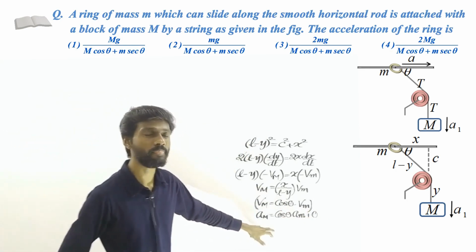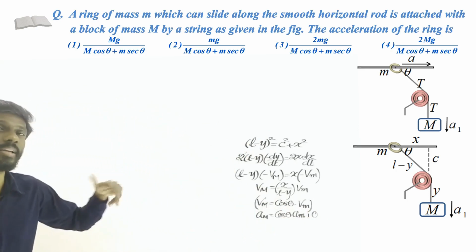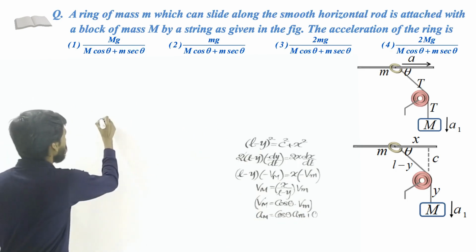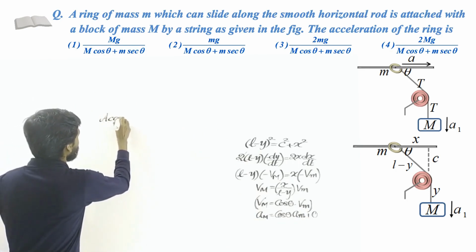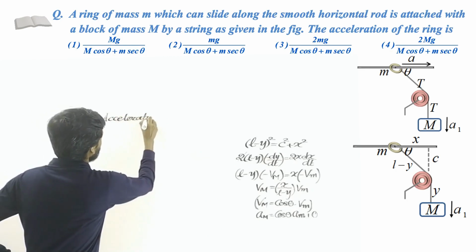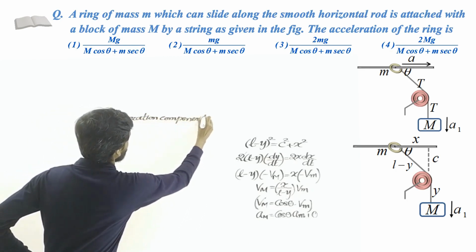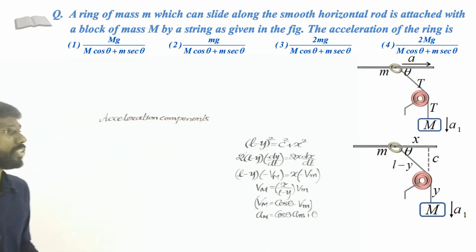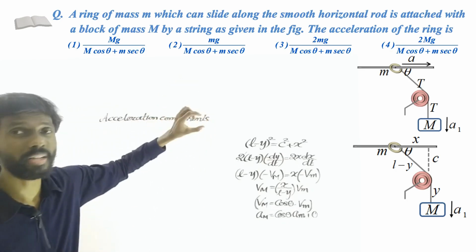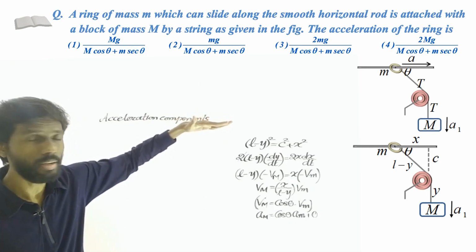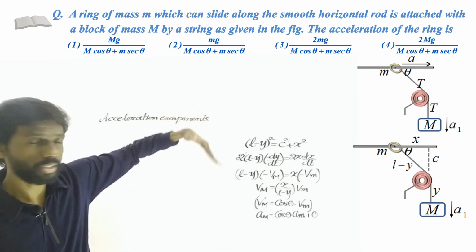This relation can be found using the other method also, the acceleration components of both these objects along the string. What is the acceleration component of the ring along the string? The angle is theta. So take the component of the acceleration in this direction along the string.